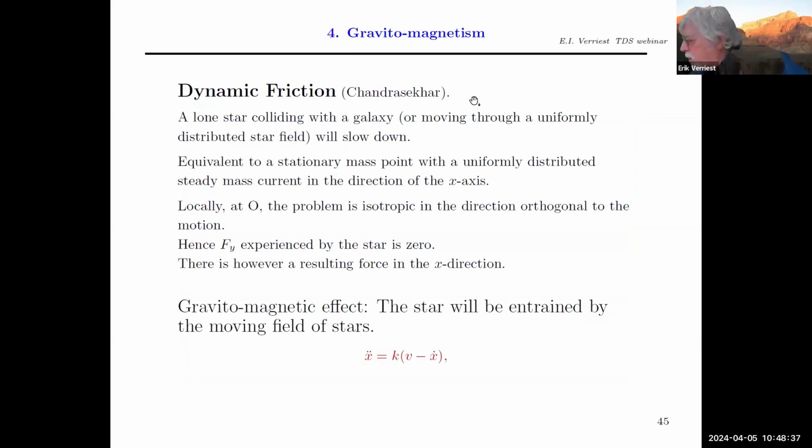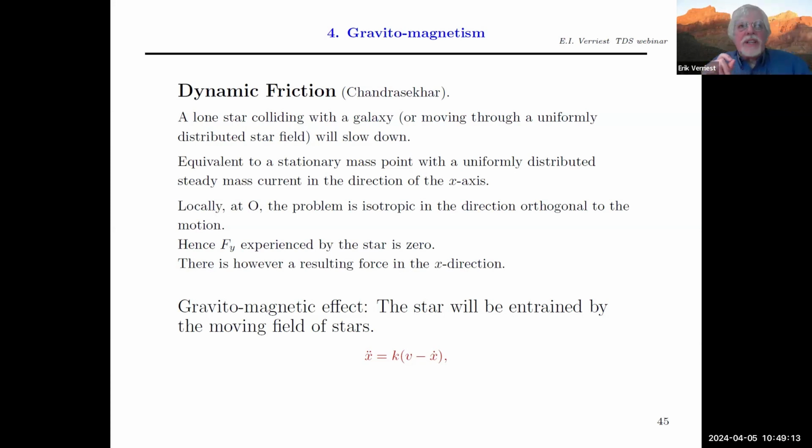Now, an application is also the notion of dynamic friction. So imagine for a moment that you have a galaxy and a star is moving perpendicular into that galaxy. So what happens? Well, a star moves here, or we can think of the star being stationary and the galaxy moving towards the star. The galaxy contains all these parallel bars of mass.